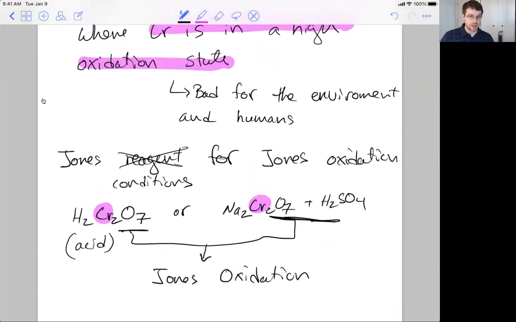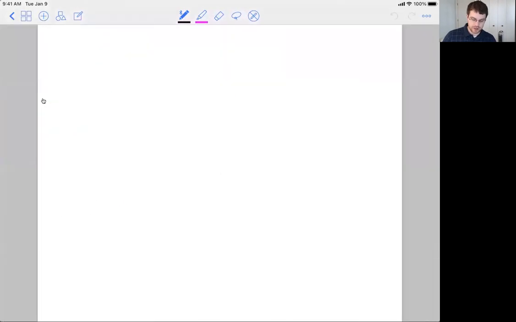So this is the Jones oxidation, and it oxidizes alcohols in the process that we kind of talked about. What I want to do is just mention an issue with the Jones oxidation.